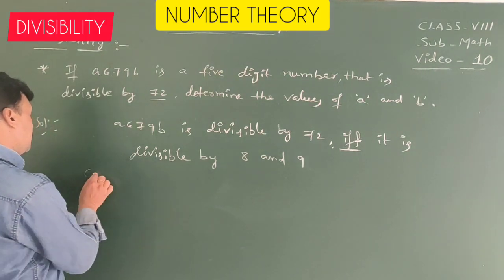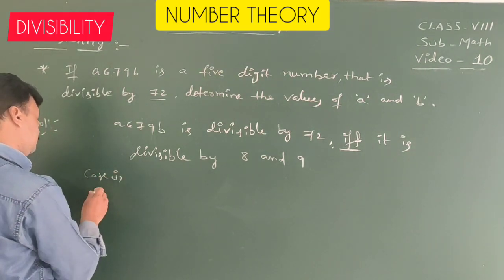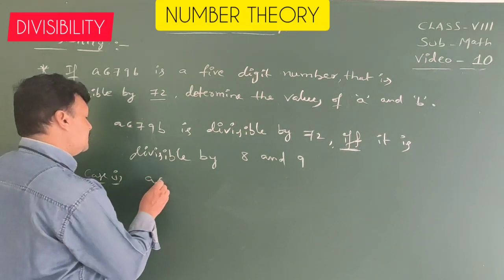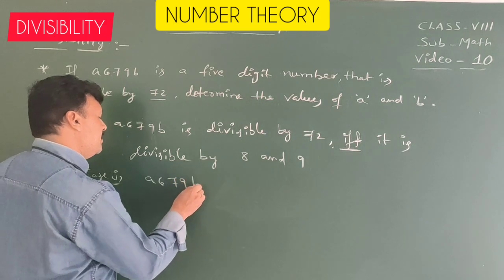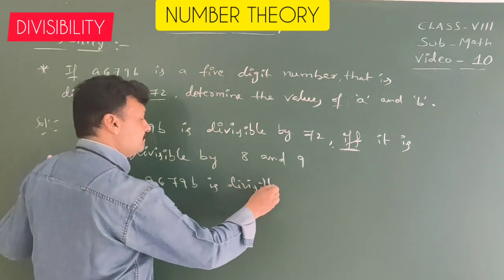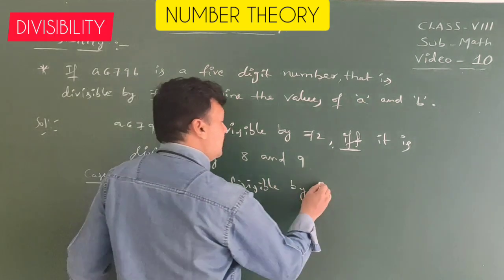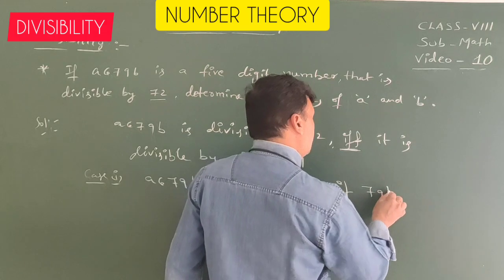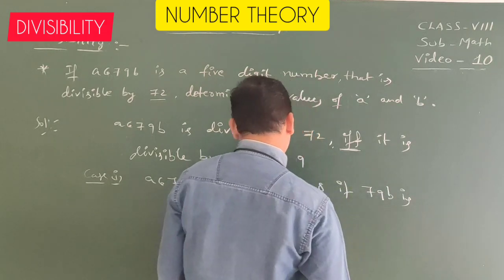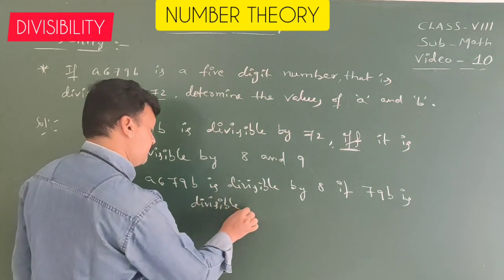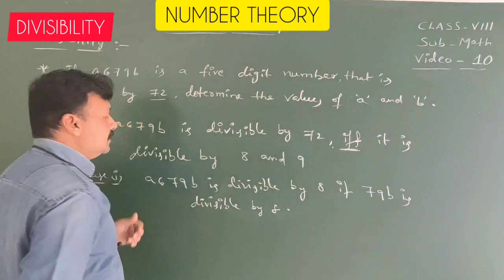So first of all, case 1. Here A679B is divisible by 8 if 79B is divisible by 8.